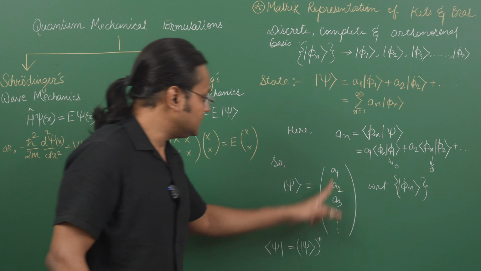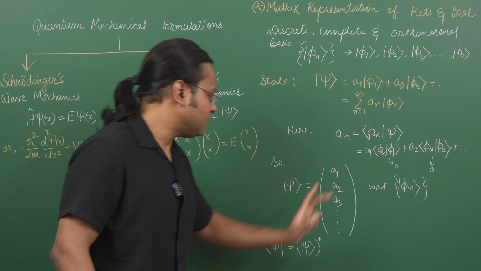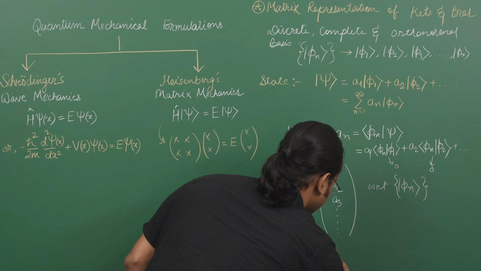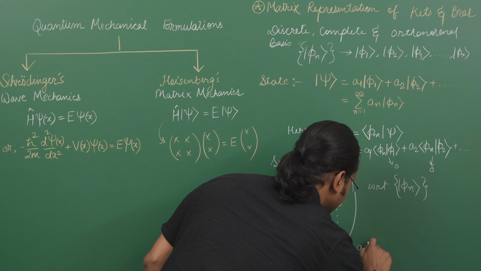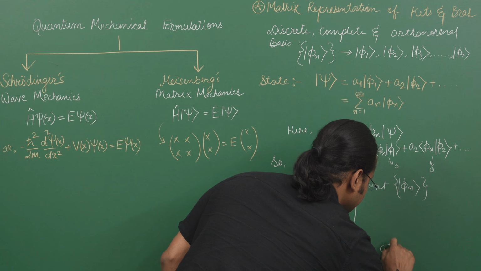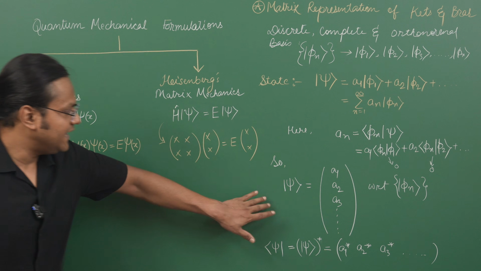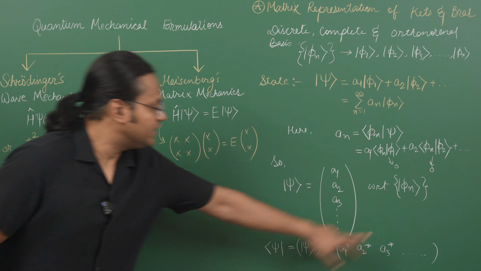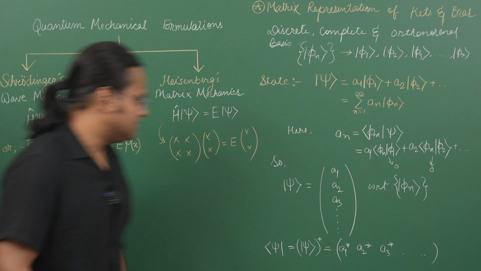It simply gives us a row vector containing the elements which are the complex conjugates of a1, a2, a3, a4, like that. So this is nothing but a1 star, a2 star, a3 star and on. So this is the representation of a ket vector and the bra vector, which is defined in a space containing these basis vectors.